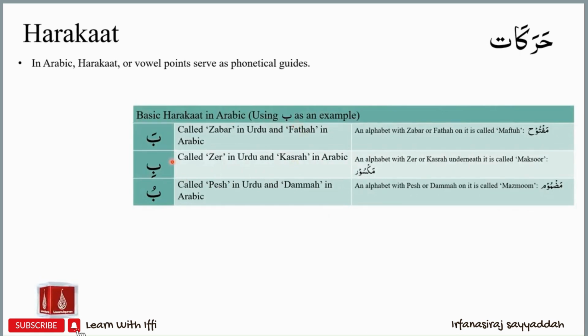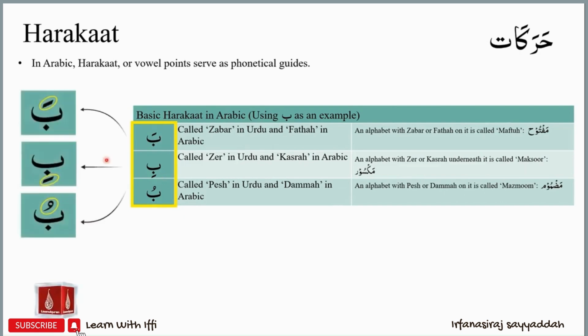If we look at the left-hand side here, we will see that the alphabet ba is associated with a harakat either above it or below it. In the first example, we see a harakat on top of ba, which is called zabar in Urdu and fatha in Arabic. The presence of zabar on ba produces the sound ba.